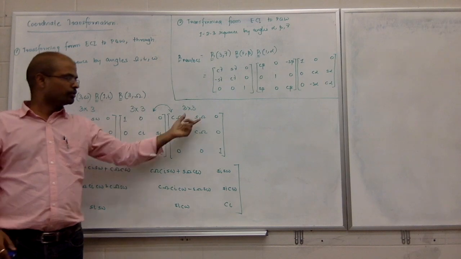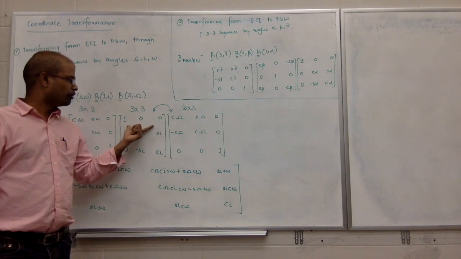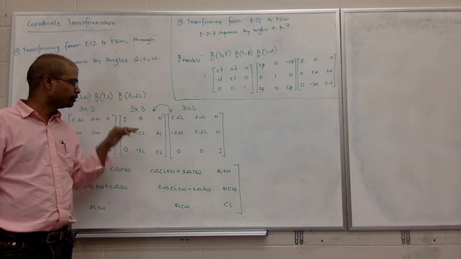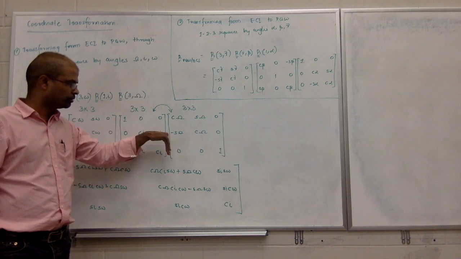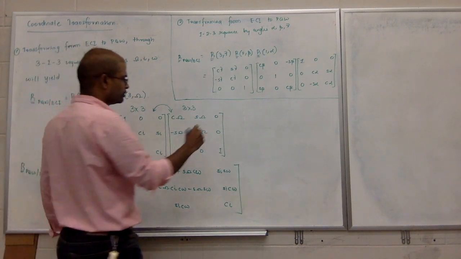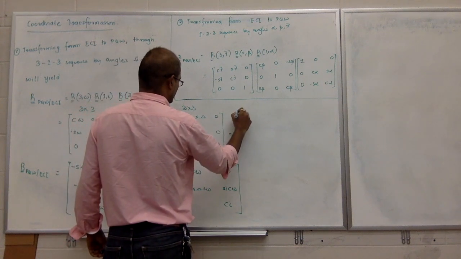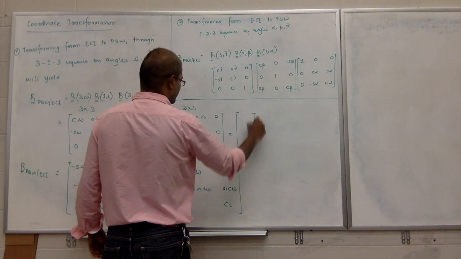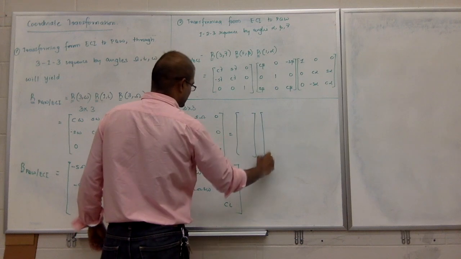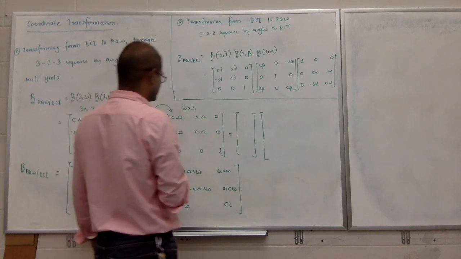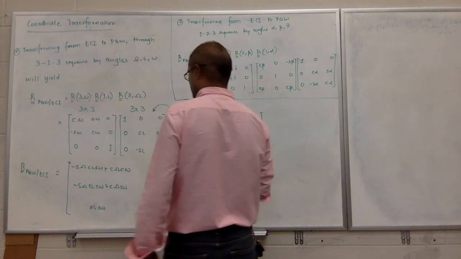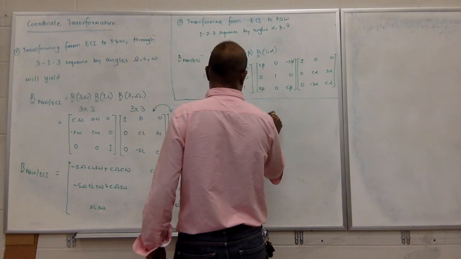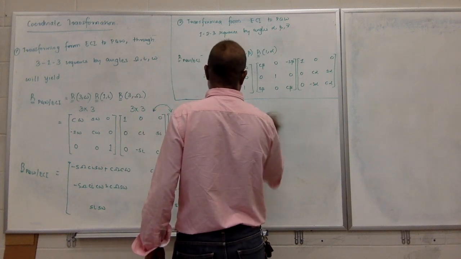So here, how do you multiply these two? You do row, column, right? So you're going to get the first one as it is, the first matrix. The second two, one times cosine, you get cosine omega.